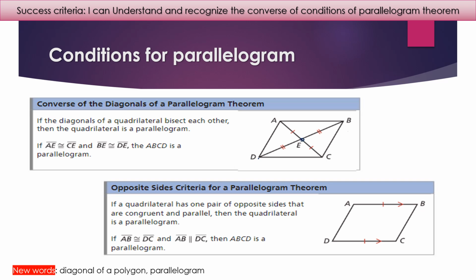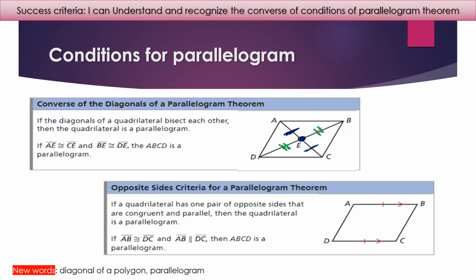But if there is a center E which divides each diagonal into two equal parts, then on the same diagonal AE and EC are congruent, and on the other diagonal BE is congruent to ED. It doesn't mean that AC and BD are congruent. No, this is not a condition.